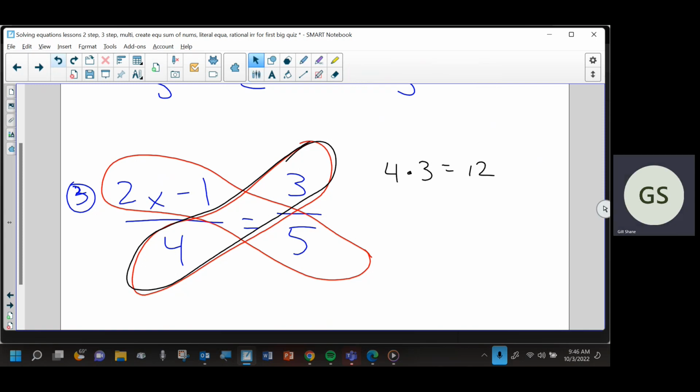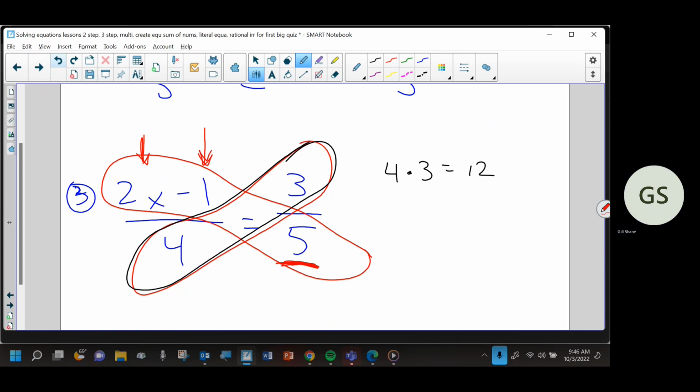In the other butterfly wing, which I'll do in red, and this is the trickier part, I am multiplying this 5 right here times the 2x, and I'm going to also multiply it times the subtract 1. A lot of people didn't do this part correctly on the quiz when we did proportions before. Somehow, and I don't exactly know how, people were trying to come up with just one term.